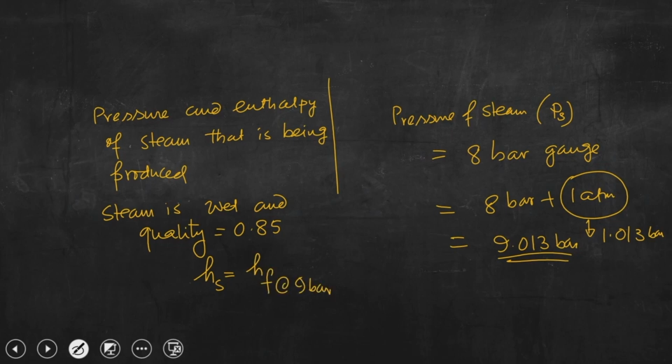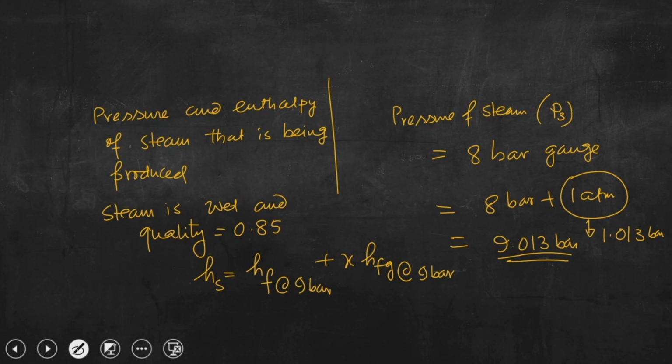I am only taking 9 bar, you can take 9.013 bar, but we shall be taking properties from the steam table, so it is better to take 9 bar, plus x Hfg, this is also at 9 bar. You should not be confused, because ideally we are supposed to take 9.013 bar, but in that case we need to go for linear interpolation using data from the steam table. We can also consider 9 bar. It will not give a gross mistake.